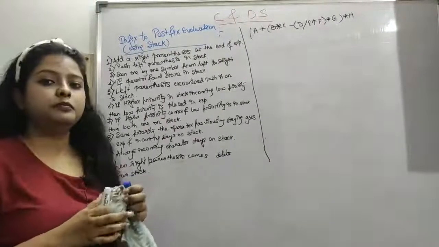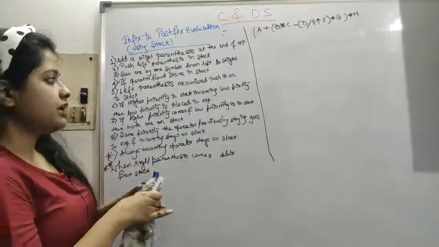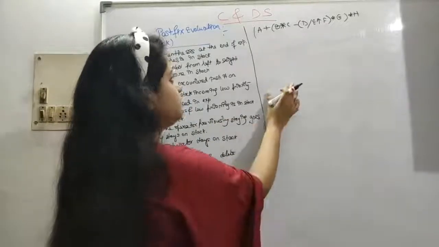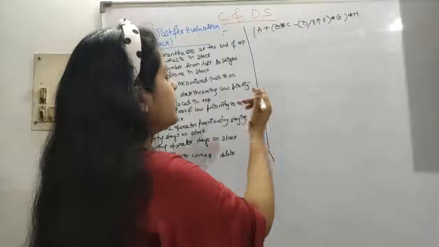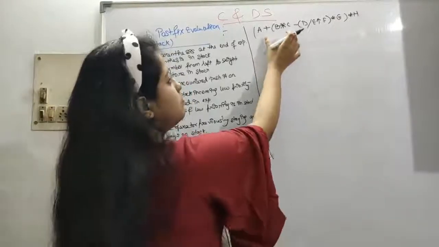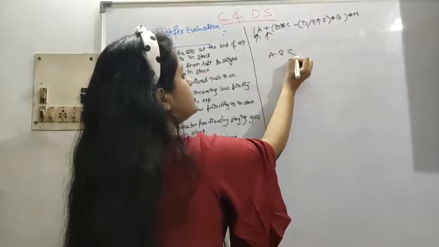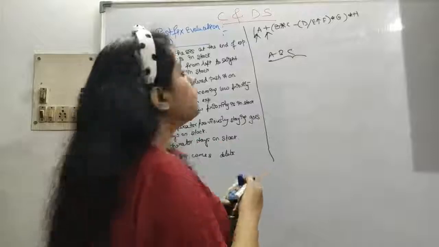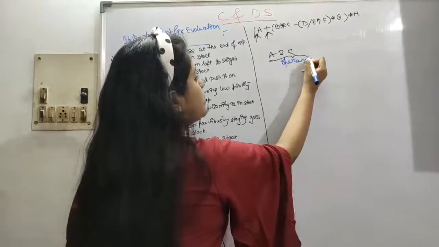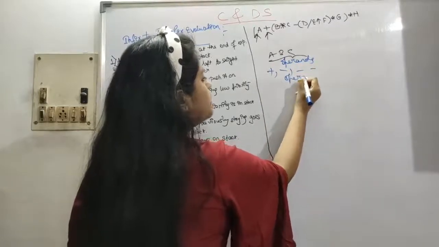So one of the major implementations of stack is infix to postfix. I will tell you in detail what is infix and what is postfix. For now, you can understand this: these are operators, and these A, B, C, whatever, are our operands, and plus, minus, whatever, are our operators.